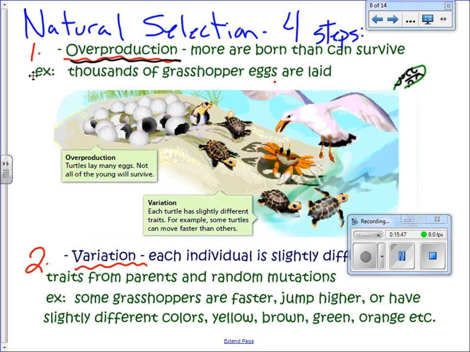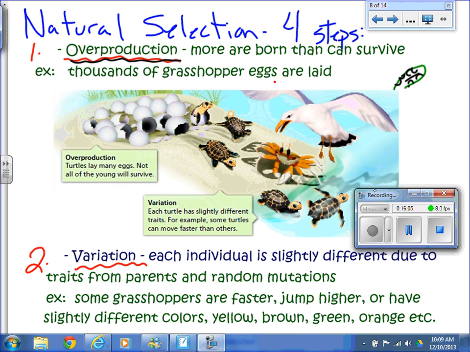Probably hundreds, maybe thousands of sea turtle eggs, but not all of them are going to survive. Think of fish or frogs. All of these animals have way more eggs, way more babies than will live to adulthood. So that's step 1, overproduction.